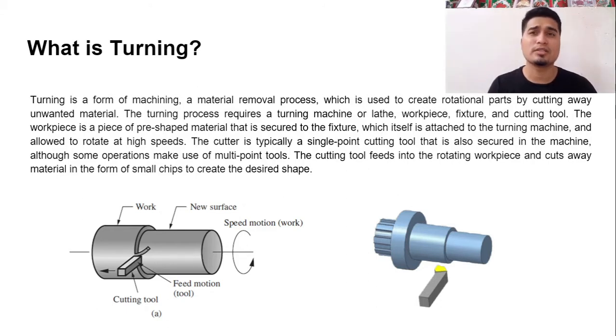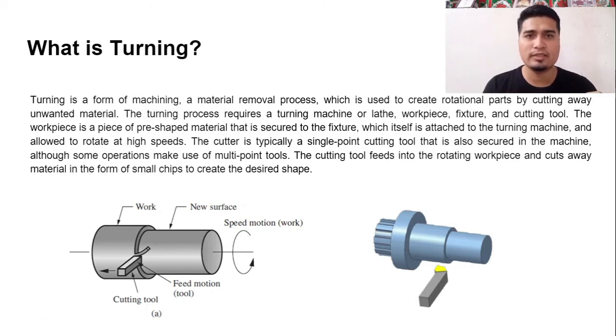So, as we can see in the image below on the left, we have the workpiece and the cutting tool. And in this case, the piece is rotating while the tool is removing material and leaving a new surface exposed. We can see that in the animation where the cutting tool passes over the piece and removes material.